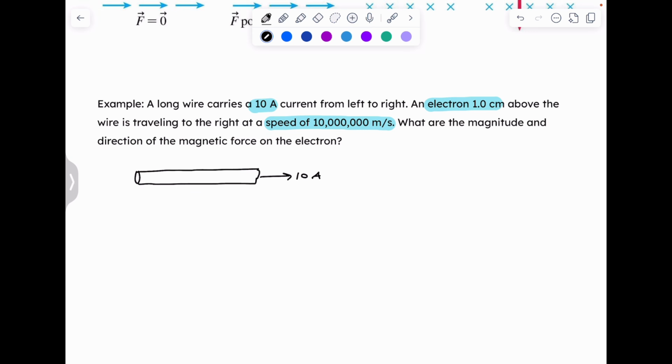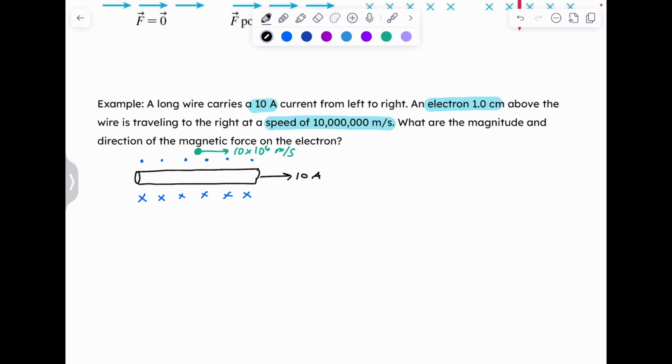Using my right-hand rule, my fingers would curl, so my magnetic field is coming out of the page above the wire, and it's going into the page below the wire. And then I have a little electron here moving to the right at 10 times 10 to the 6 meters per second.